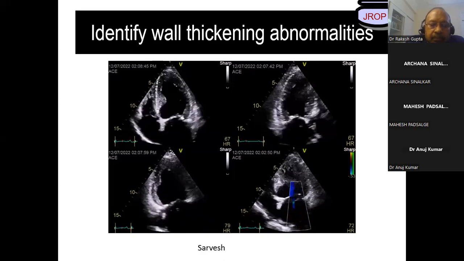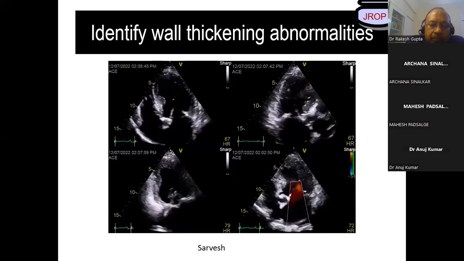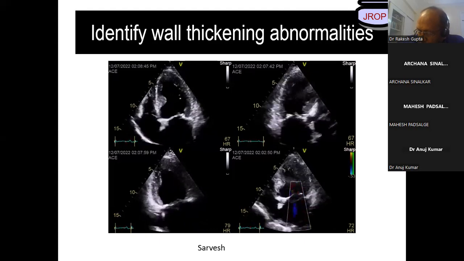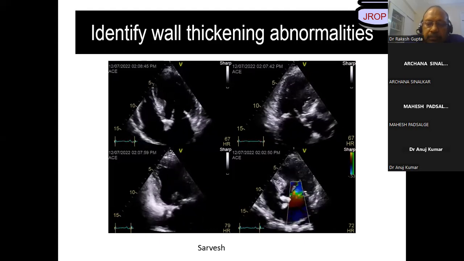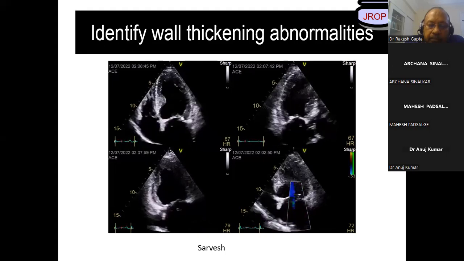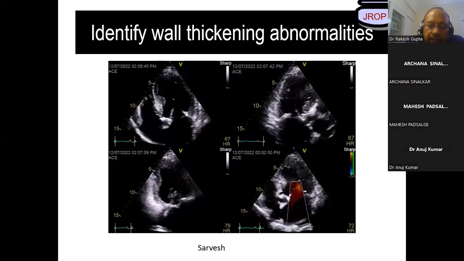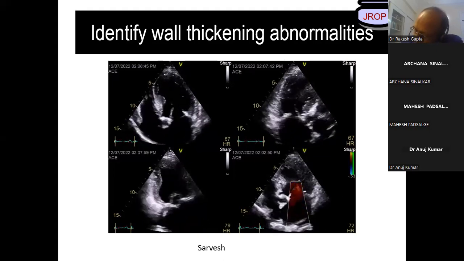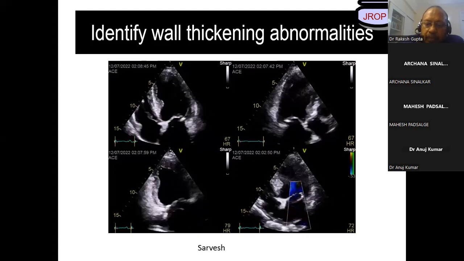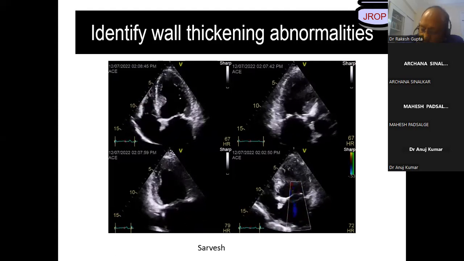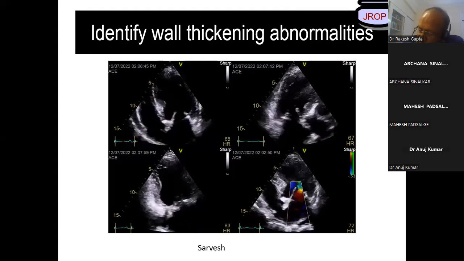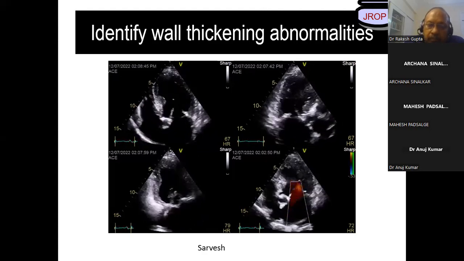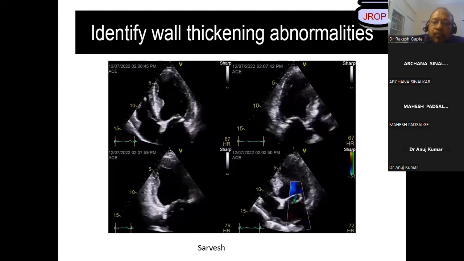In 3-chamber view there is no wall motion abnormality seen. In 2-chamber view, we have again basal inferior wall which is aneurysmally akinetic. And in the last 4-chamber view, mild trivial MR is seen. Okay. But this seems to be RCA infarct to me, because the territory supplied is RCA.